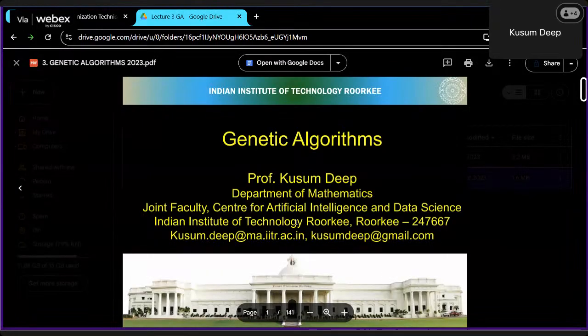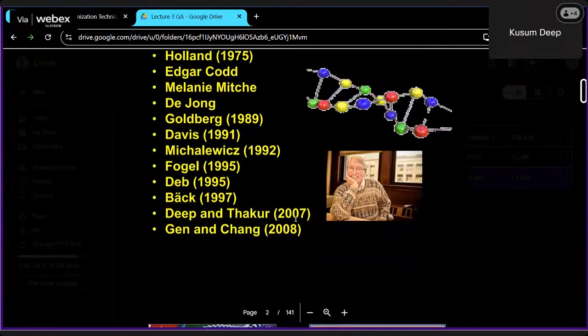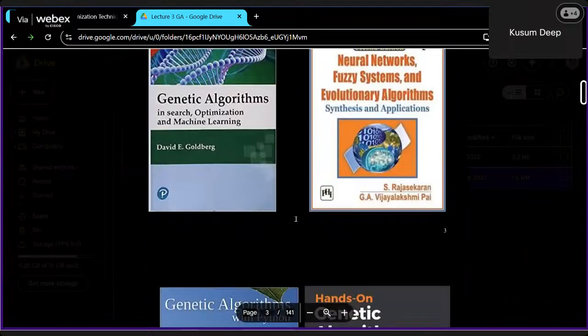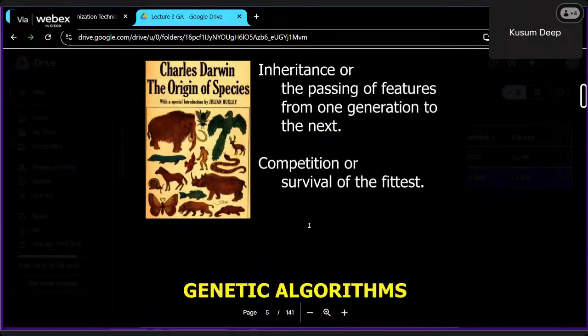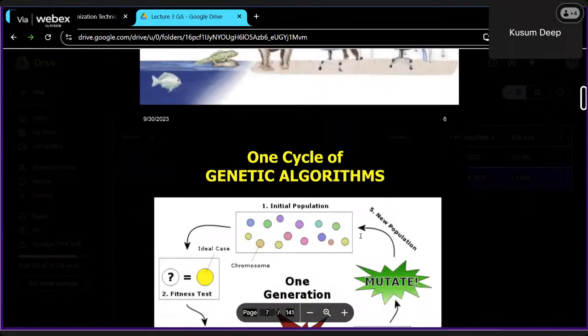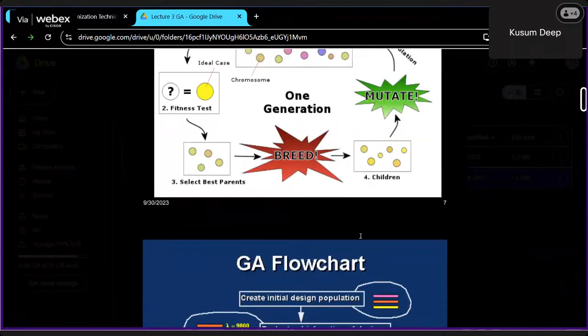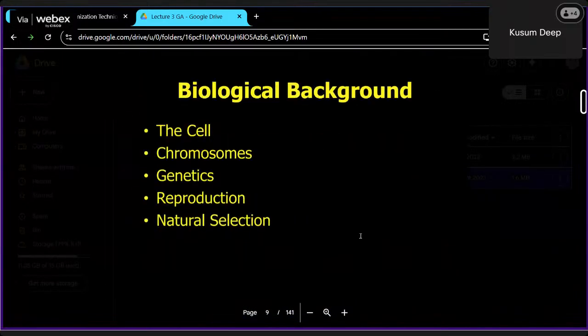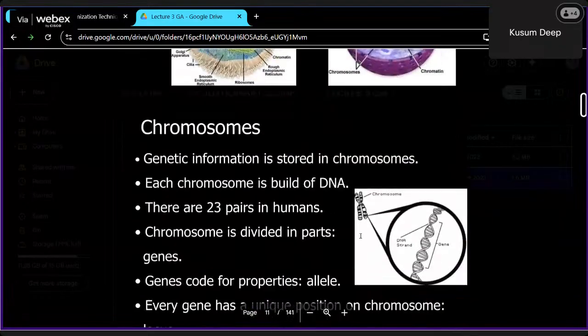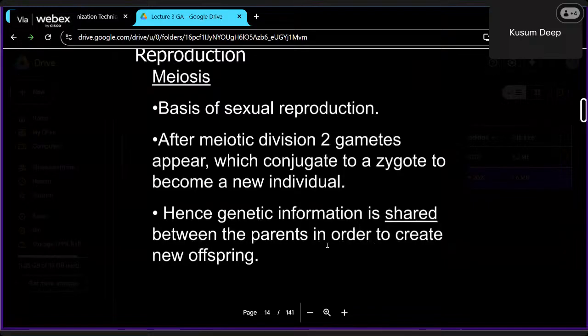Right. Okay. So what we did is we just looked at the basic idea behind genetic algorithms. And I told you that genetic algorithms is based on Darwin's theory of evolution. And I told you how one cycle of a GA looks like. And then I told you about the flow chart and how the genetic algorithm is related to the biology of all living organisms.